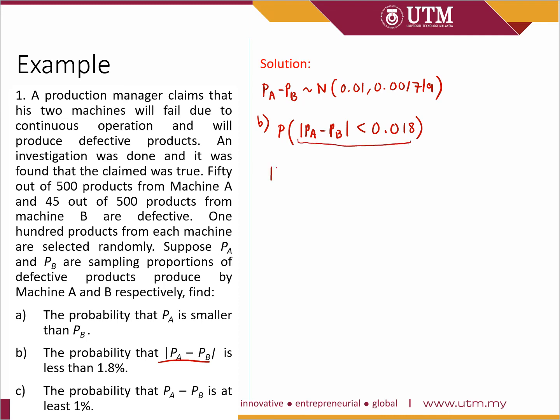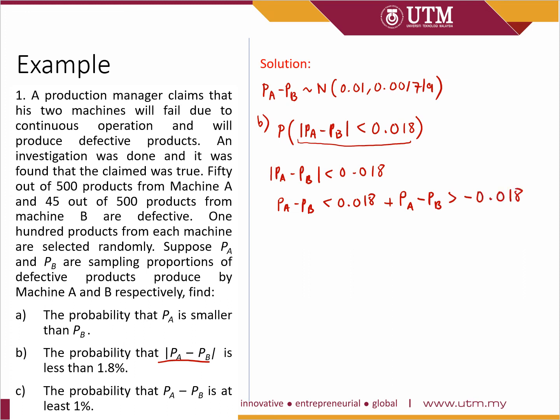We know that if we open this modulus sign, it is equivalent to the probability of A minus B less than 0.018 plus the probability of A minus B greater than negative 0.018.